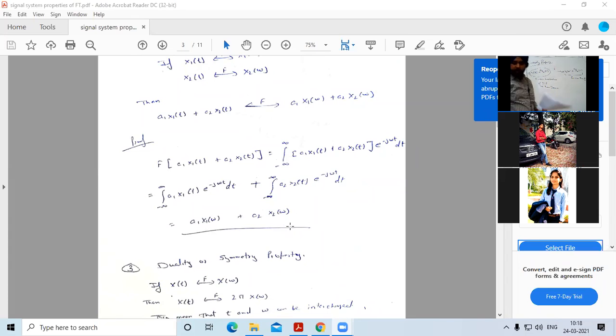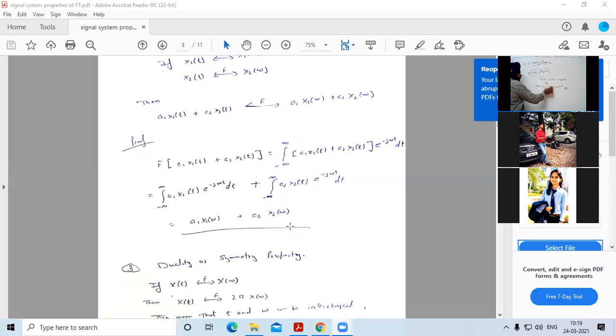As you will see that key, like we are having x(t) equals x1(t) plus x2(t), and we will have the formula X(omega) equals integral from minus infinity to infinity of x(t) e raised to minus j omega t dt.